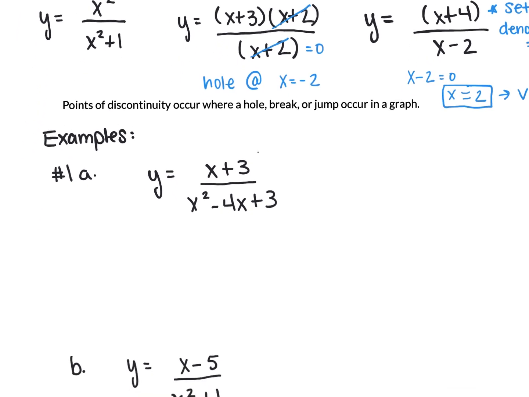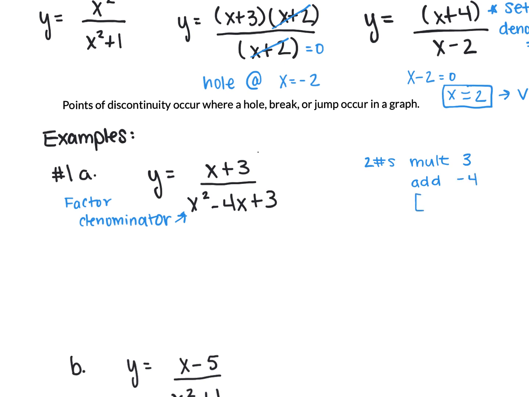So for number 1, we have 1a. Our function is y equals x plus 3 over x squared minus 4x plus 3. So the first thing we want to do here is factor the denominator. Now remember, we're looking for two numbers that multiply to be 3 and add to be negative 4.